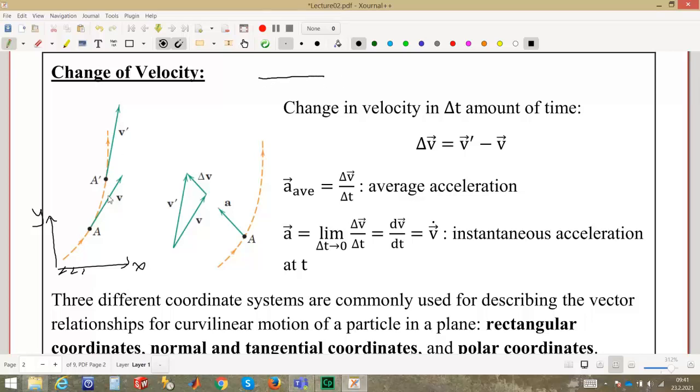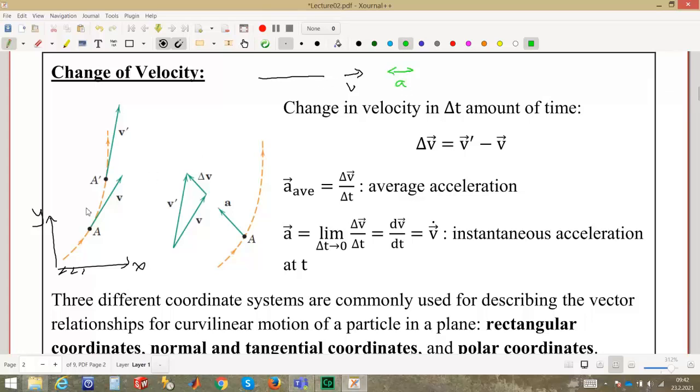But as this is a curvilinear case, the direction of the velocity changes. As a result, the acceleration is not going to be in the same direction as the velocity, as it is in the rectilinear case. So if this is the velocity for the rectilinear case, then the acceleration will always be in the same direction, or if it is decreasing, then it will be in the opposite direction, but in the same line.